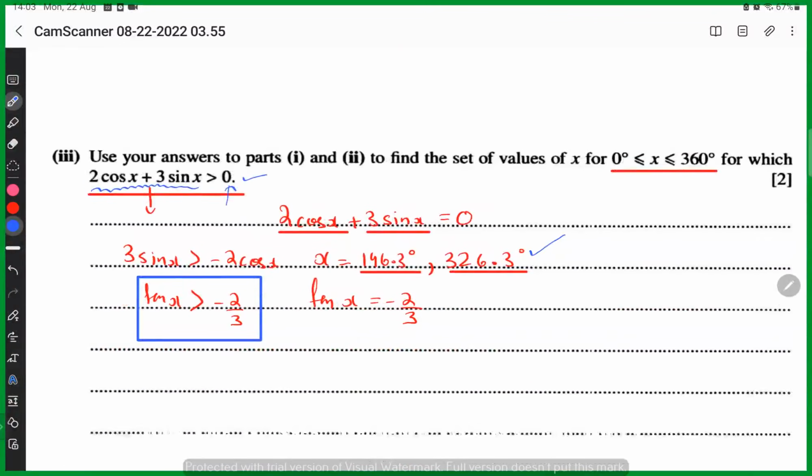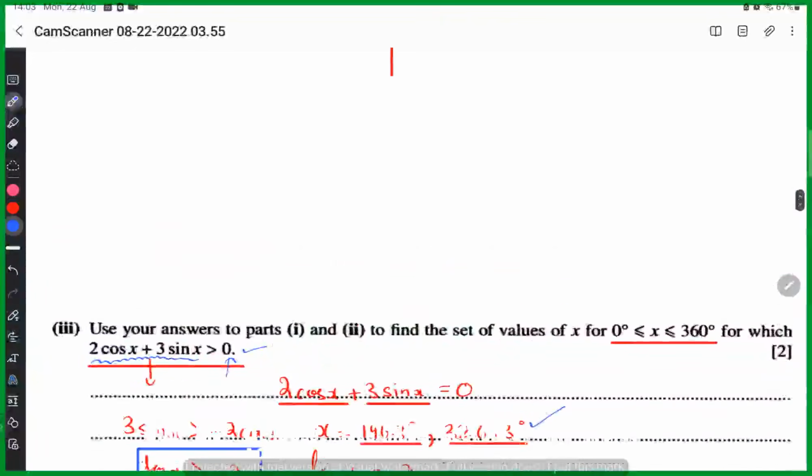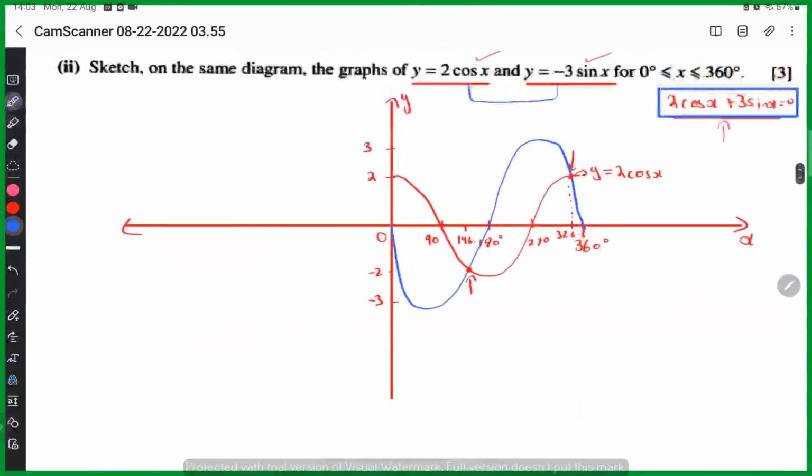This is going to help you, right? These 2 points are the points at which my graph is intersecting. But we need the points where this entire thing is greater than 0. Can anyone think about it?